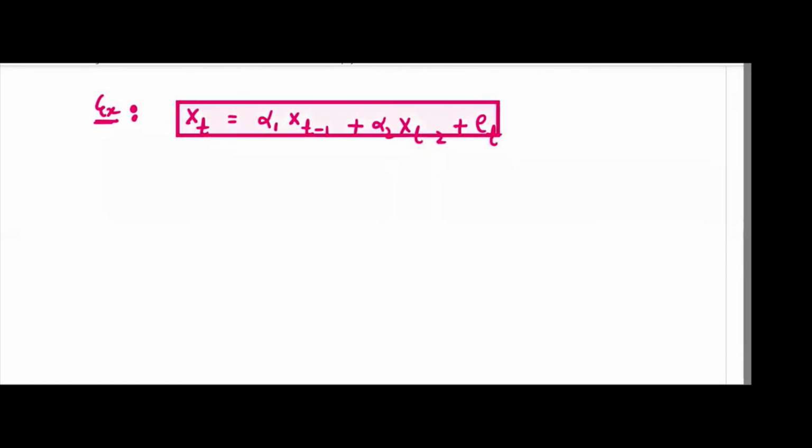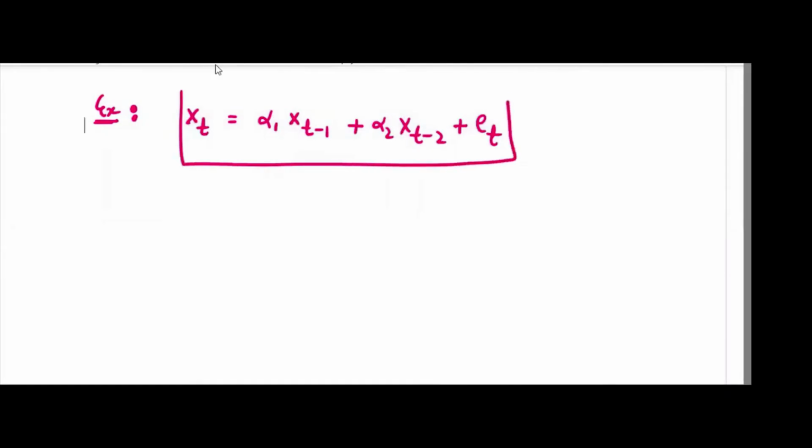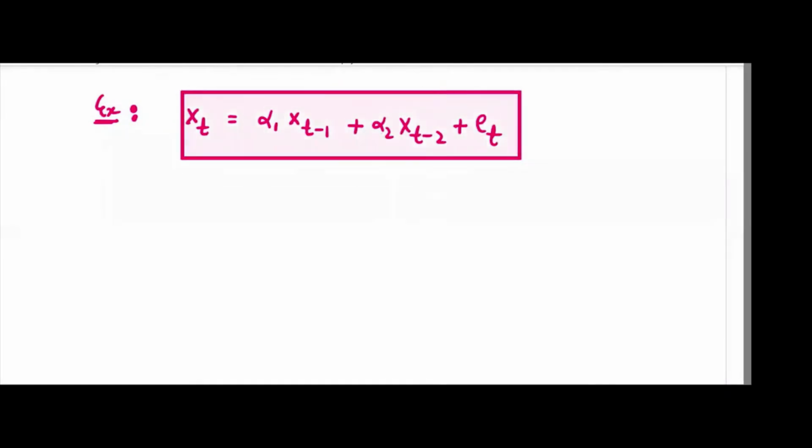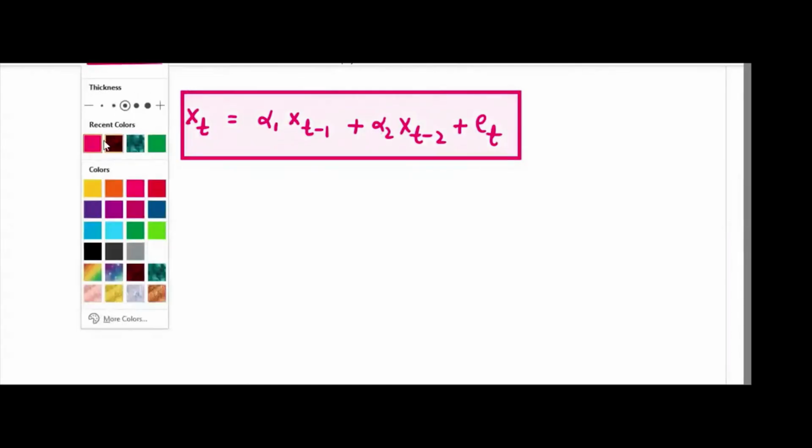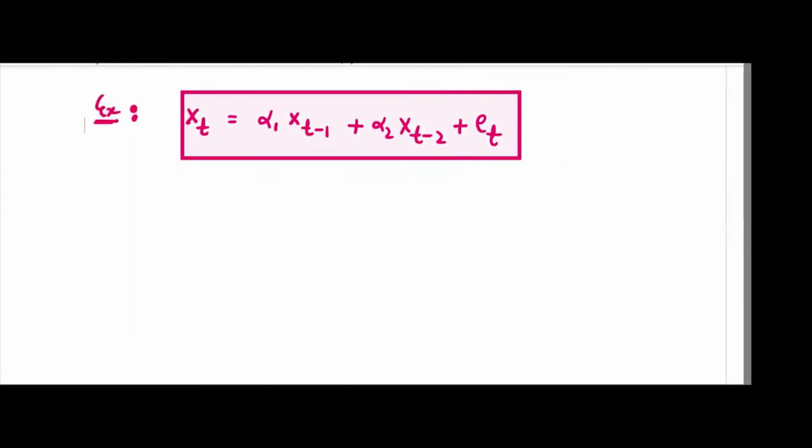Can you find the autocorrelations directly? That is the question. At least the equations. You can solve this, but the equations, can you find directly? That is the question. So Yule-Walker equations will help you. Let's use Yule-Walker equations.